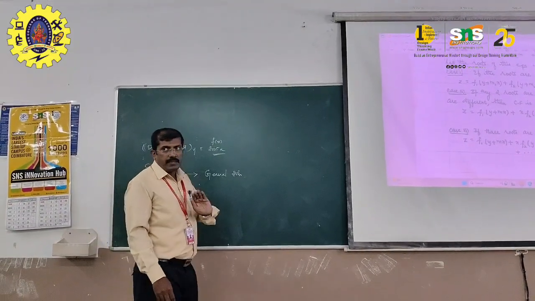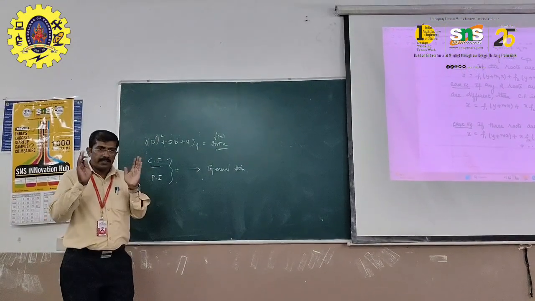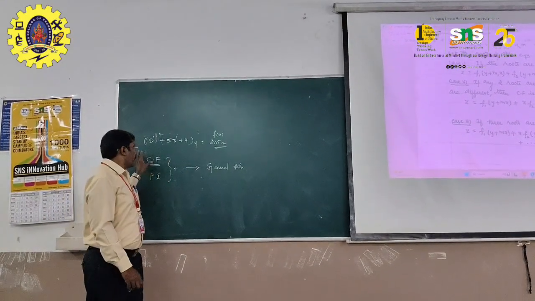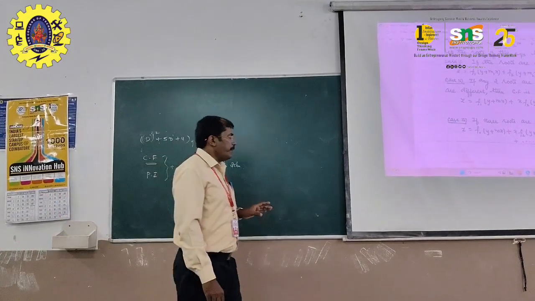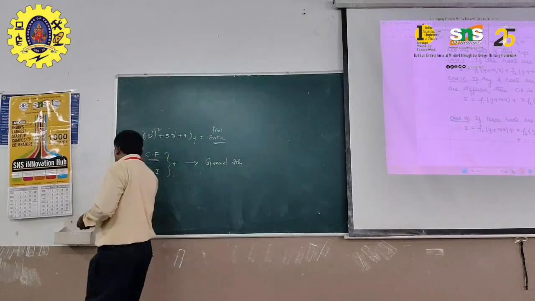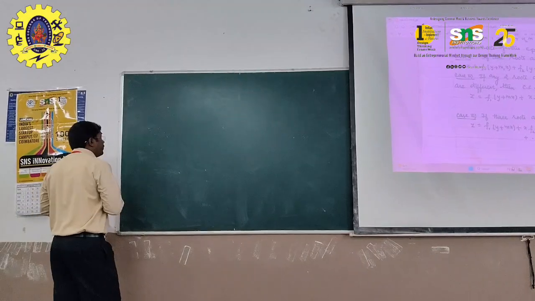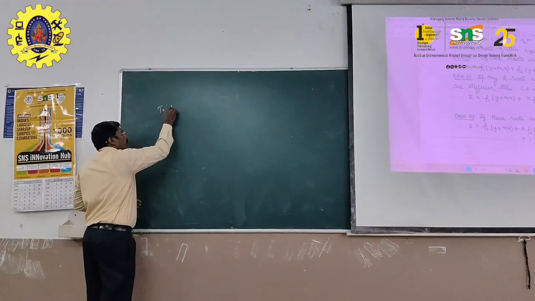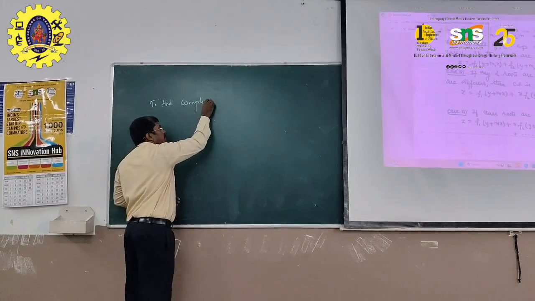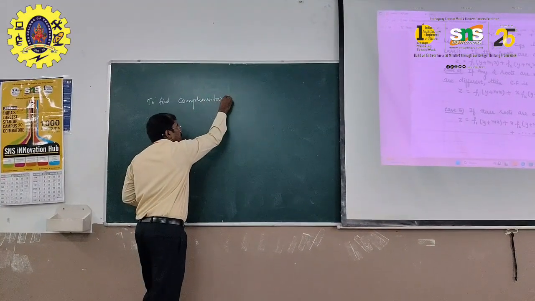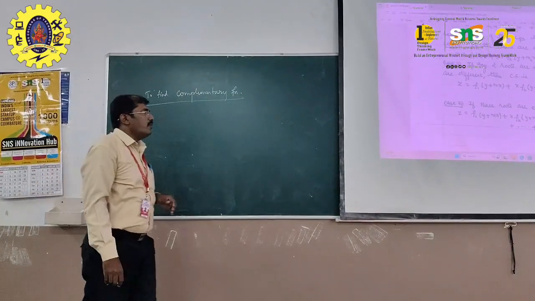In the same way, in partial differential equations also we have a list of formulas for the complementary function and for the particular integral. To find the complementary function, we have various ideas.